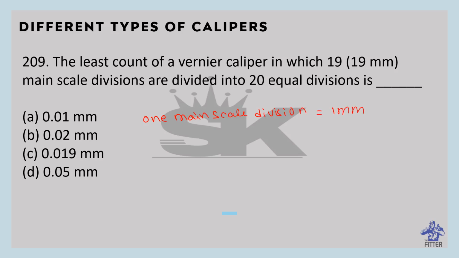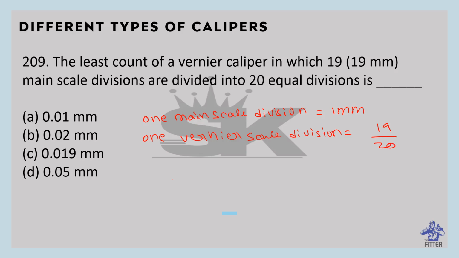Okay, so one vernier scale division equals to 19 upon 20.